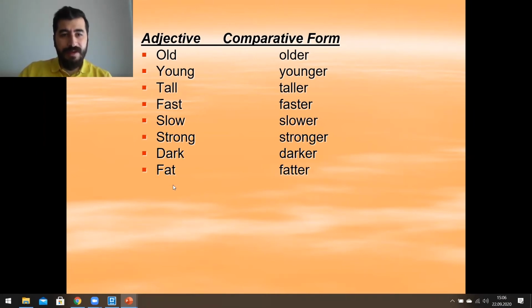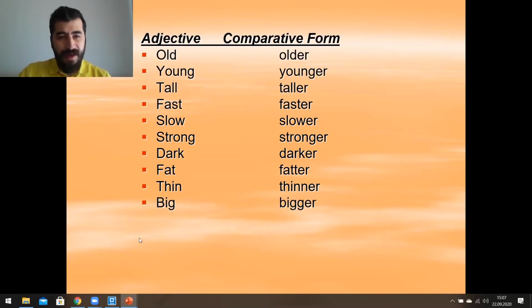Consonant, vowel, consonant. So when we write fatter, one T more. Look at that. Fatter. Thin. Look at that. H consonant, I vowel, and consonant. So if it is going like that, we write one N more, thinner. Big, the same way. Consonant, vowel, consonant. So bigger, big, bigger.